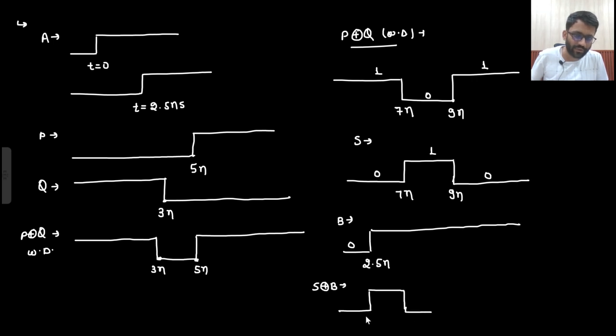Then 1 from 2.5 nano to 7 nano. Then 1 XOR 1 will be 0. So 7 nano to 9 nano it will be 0. Then 0 XOR 1 will be 1. So this we are starting from t equals to 0 nanosecond.